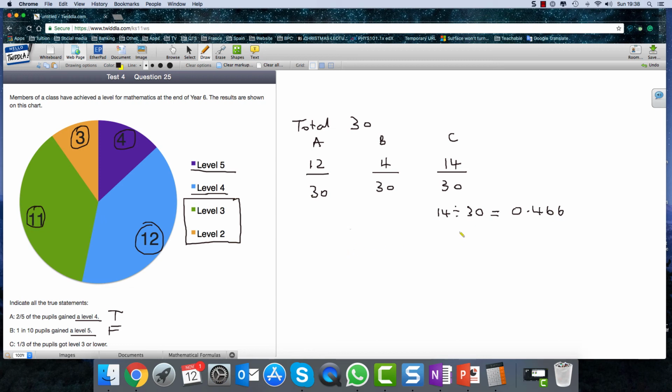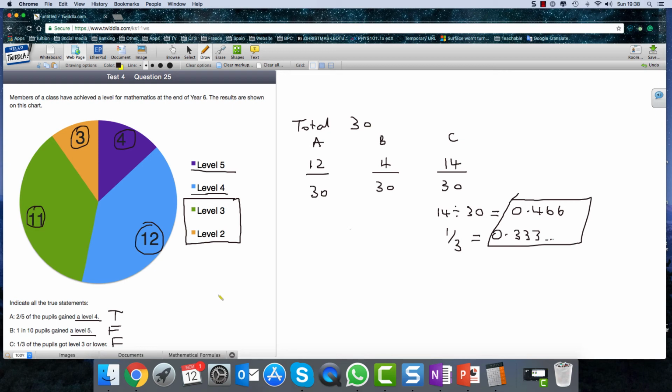And we're comparing that this time with 1/3. Many of you may know that 1/3 is 0.333, but just use your calculator to double check. You can see that these two decimals are different. Don't need to think about it, you just say that one's false and move on to the next question.